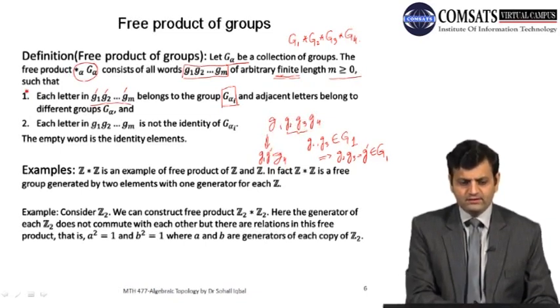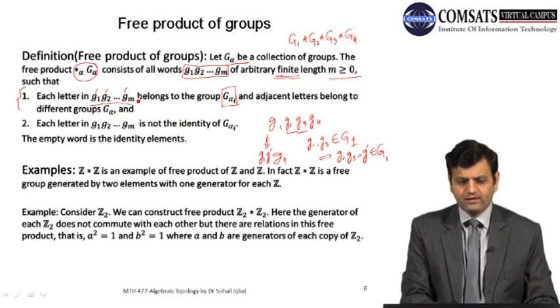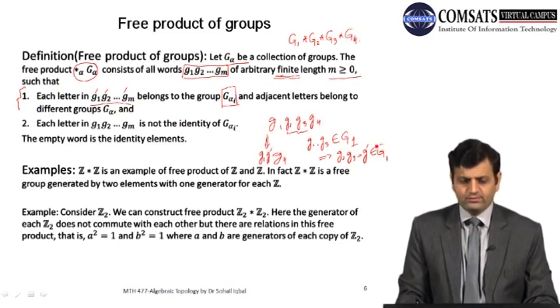Okay, so this assumption is very practical. Whenever there is repetition, replace that repetition with the product in the corresponding group. And similarly, each letter in this is not the identity.